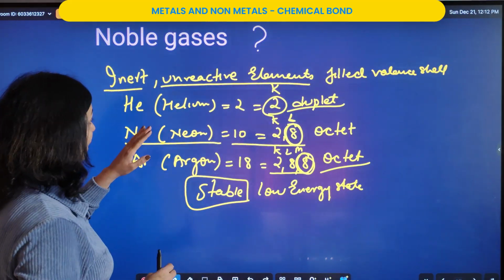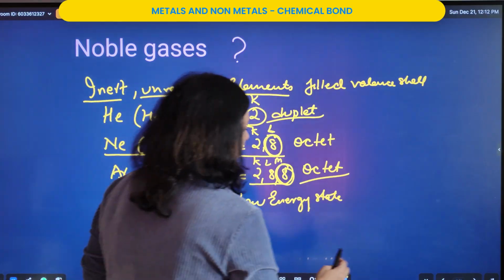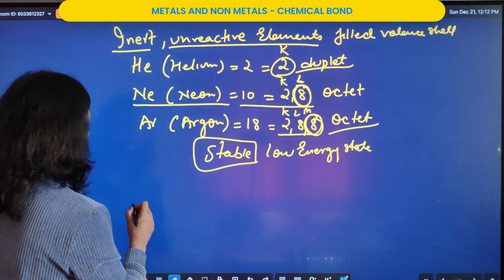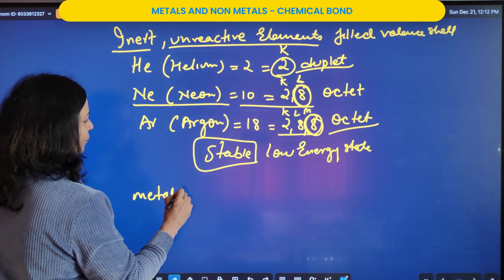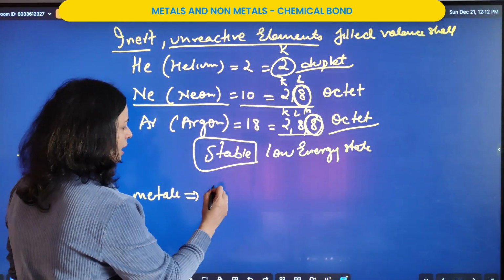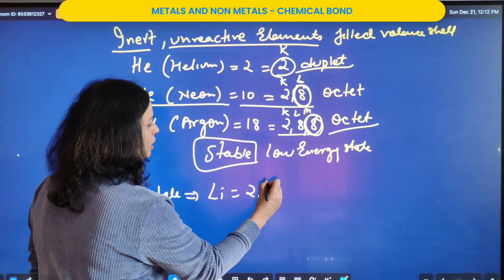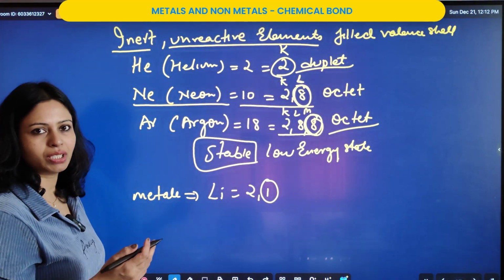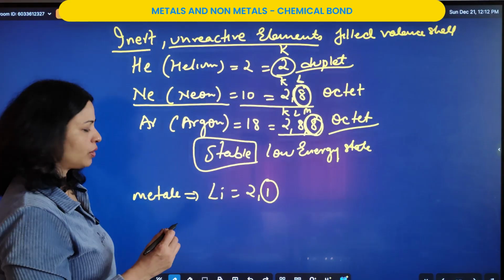Now the metals don't have a complete outermost shell, like the example I gave you, 2,8,1. The outermost shell has only 1 electron. It is not completely filled with 8 electrons, right?